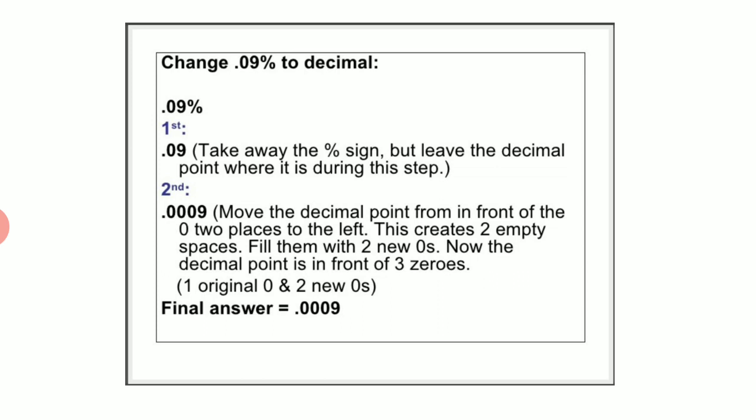This creates two empty spaces, so we add two more zeros to the 0 that was originally there. Now the decimal point is in front of 3 zeros: one original 0 and two newly added. So the final answer is 0.0009.